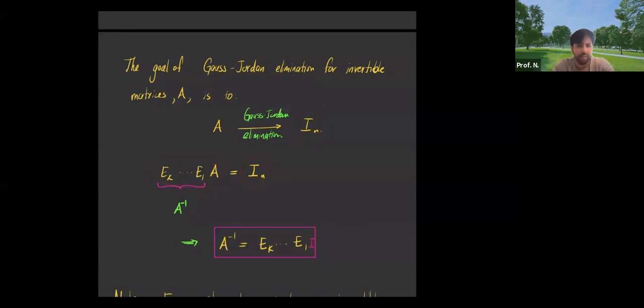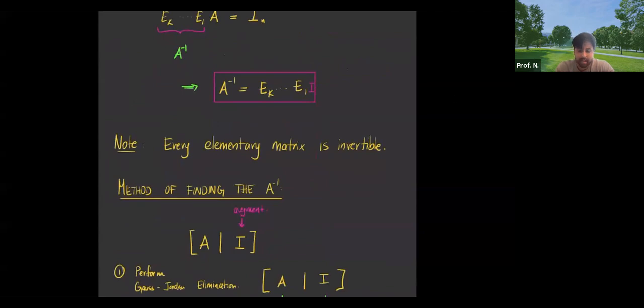If that's true, then the product of those elementary matrices is in fact the inverse of that matrix A. And because that's the case, to find the inverse of A, I have to perform the row operations upon the identity.